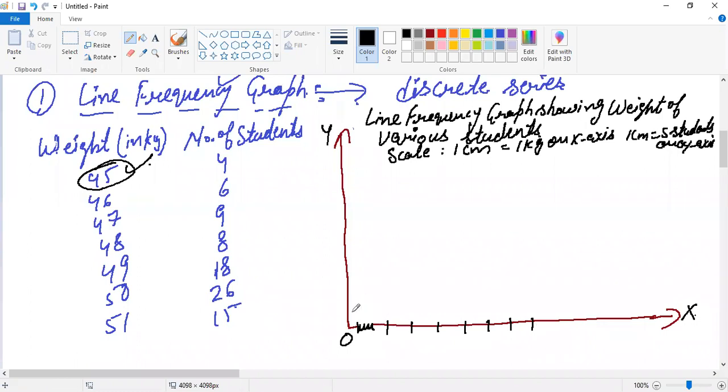And then on the y-axis, 5, 10, 15, 20, 25 and 30.